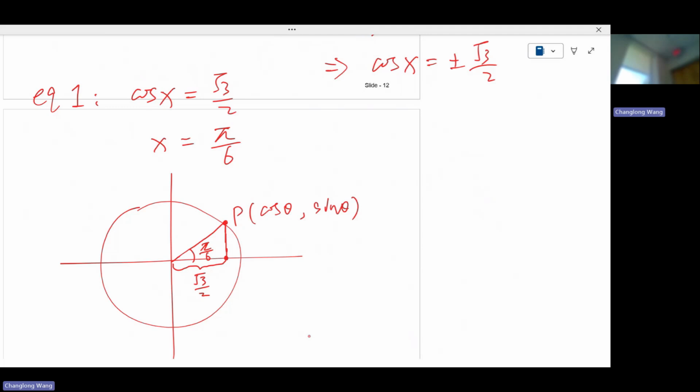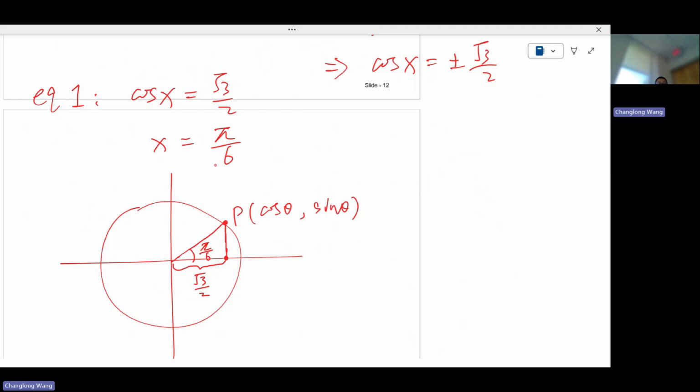Now, if you go down, you see that this is the x coordinate, radical 3 over 2, that segment has to be fixed at this length.